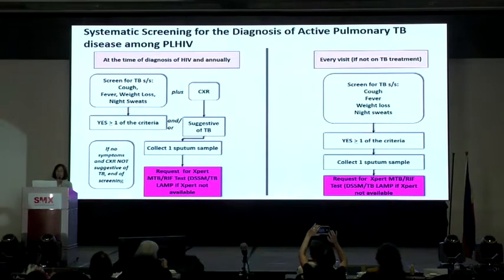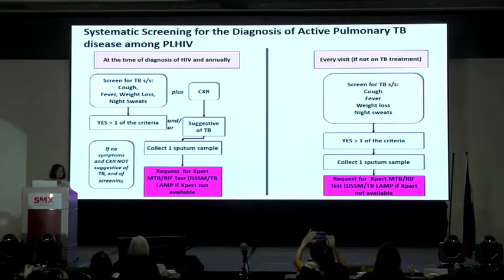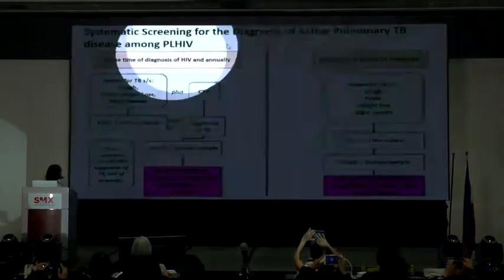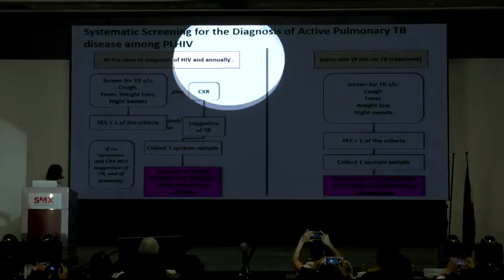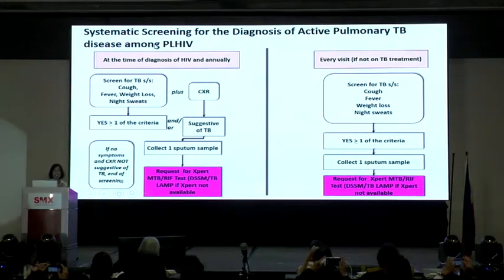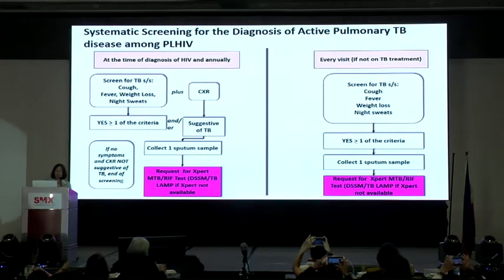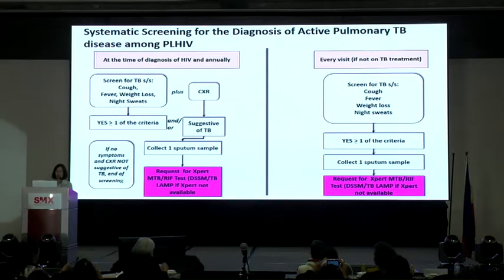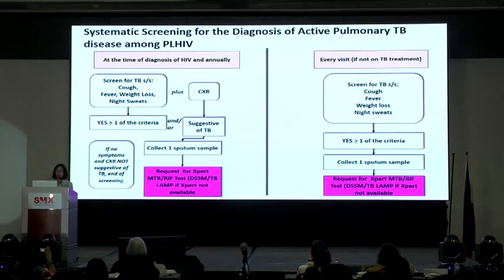So this is the algorithm. At the time of diagnosis, if you have HIV, we'll screen for the signs and symptoms plus the x-ray. If it's a yes for one of the signs and symptoms and the x-ray is suggestive of TB, then we will collect one sputum sample and then request for expert.